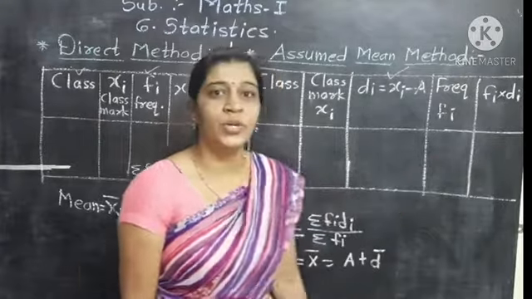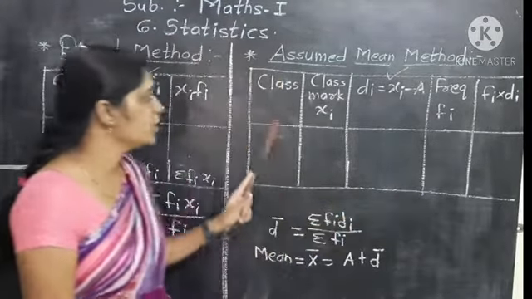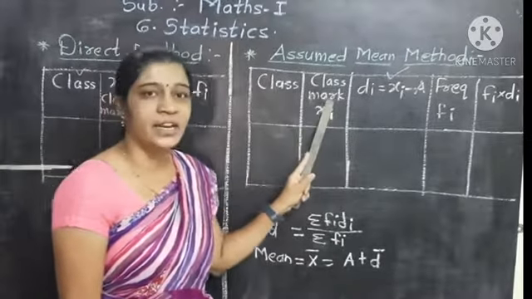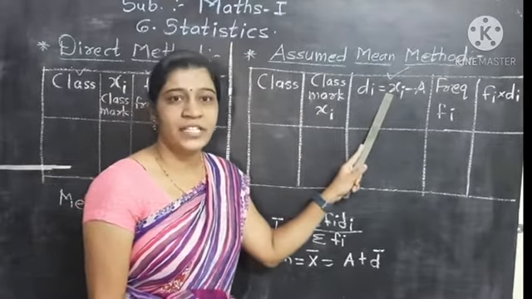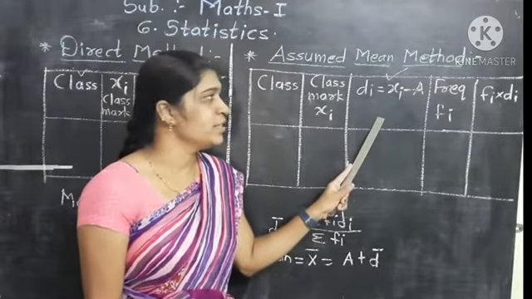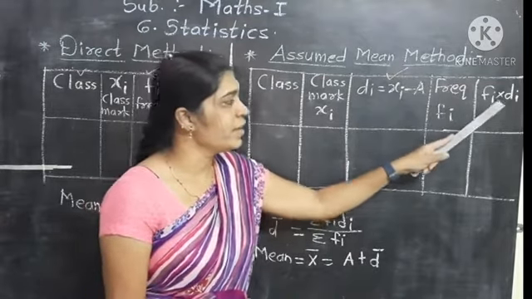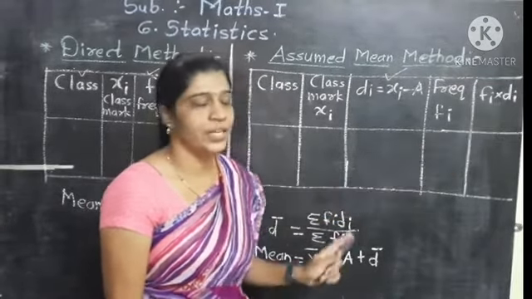And the last column is fi into di. So there are 5 columns. You remember these 5 columns. First column is class, second class mark, third di is equal to xi minus a, where a is given as the assumed mean, then frequency fi, and next fi into di.